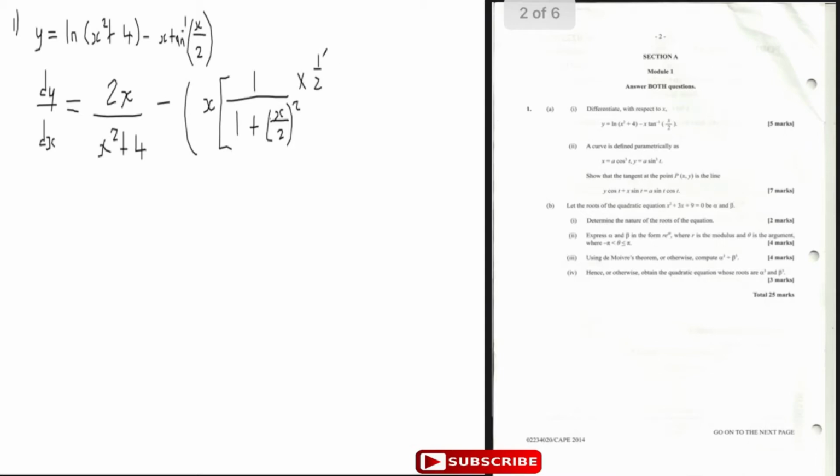So that's how you differentiate that part. Then it's going to be plus, keep the second, times the derivative of the first.